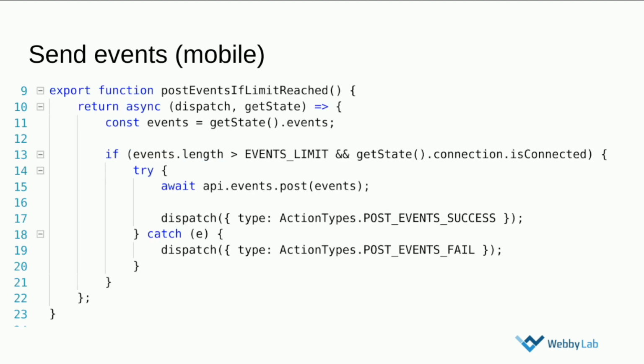If we have enough events, so we check the events length in our queue, and if it's larger than the events limit and our mobile application is online, then we just post these events to the server, and that's it. These events can contain any information: create comment, create topic, update something, answer a question, anything.